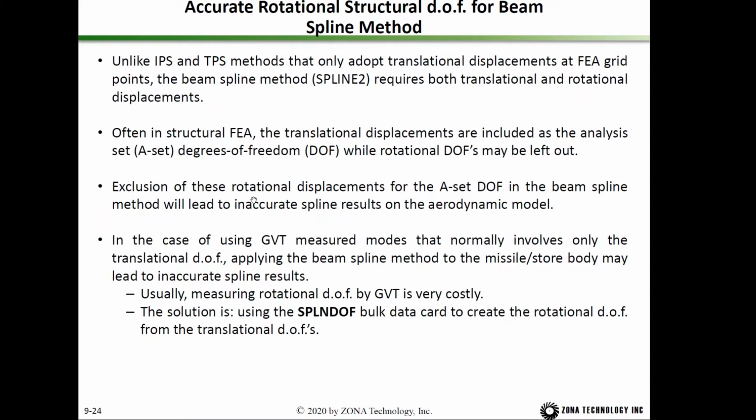So exclusion of the rotational displacements from the A set degrees of freedom in the beam spline will lead to inaccurate spline results. And also, in the case of GVT measured modes, that normally involves only the translational degrees of freedom. So applying the beam spline method to the missile store body may lead to inaccurate spline results. So you have to use the SPLINE DOF to create the rotational degrees of freedom from the translational degrees of freedom. Therefore, the beam spline can give you accurate spline result.